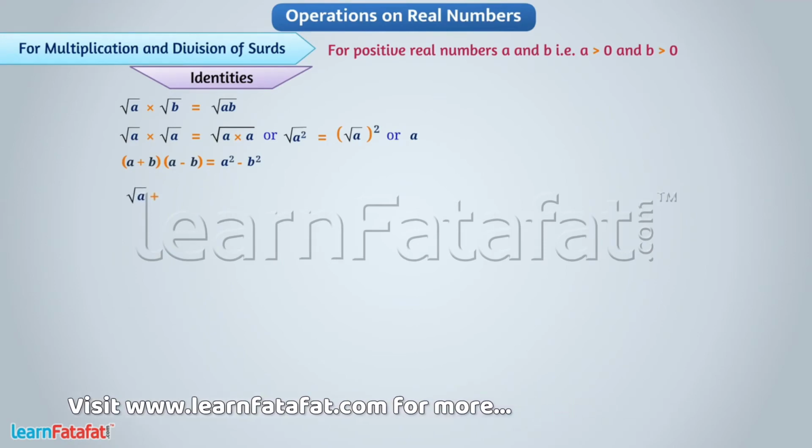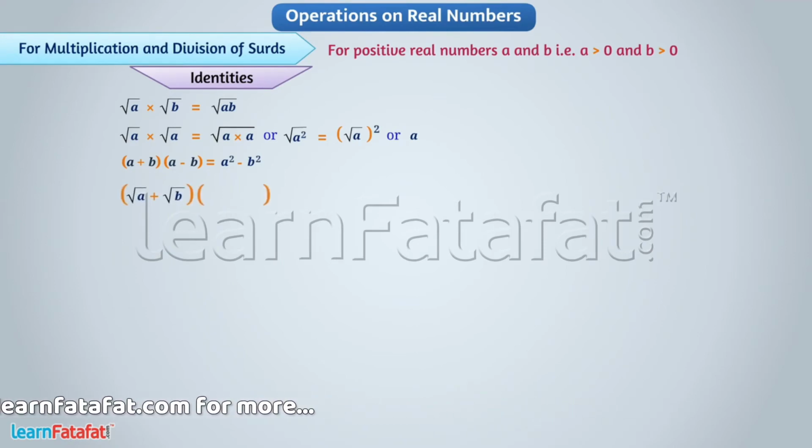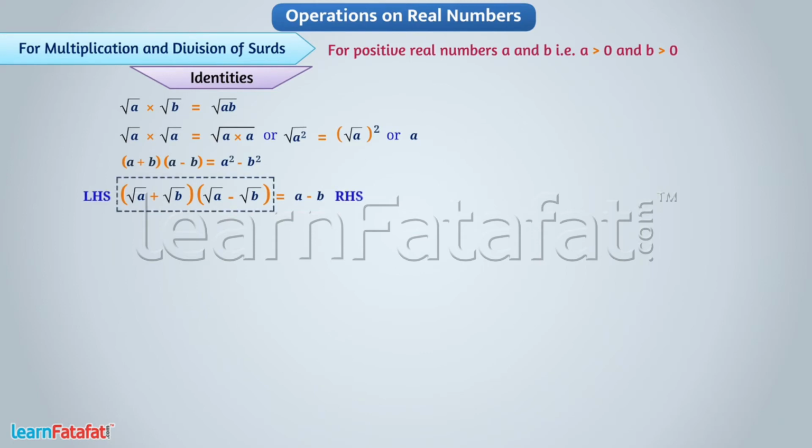Root a plus root b into root a minus root b is equals to a minus b. Let's understand it. Consider LHS. Basically, to solve such multiplication, first multiply first number from first bracket with both numbers in second bracket, and then write the second number from the first bracket along with sign and multiply it with both numbers in second bracket.